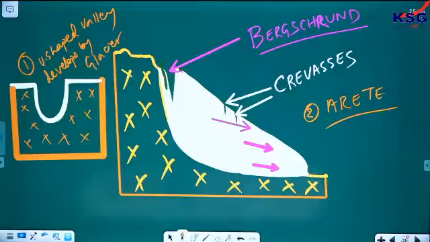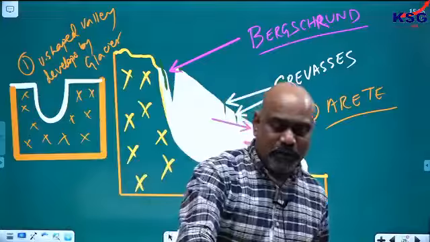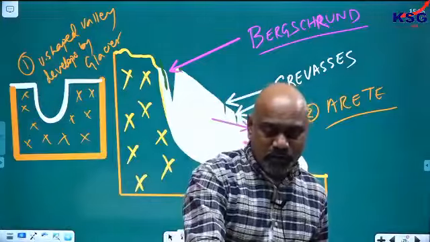U-shaped valleys are formed only because of the impact of glacier. Only glacier gives a U-shaped valley. U-shaped valleys occur only from glacial erosion. Always remember this.